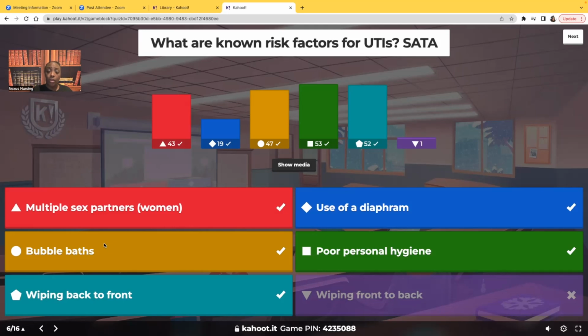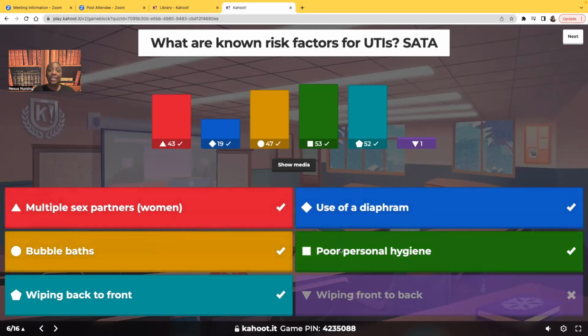Your vagina. So that definitely increases the risk of UTIs. And besides that, with bubble baths, you have soap. And as you know, soap for the vaginal area gets rid of the normal flora, the good bacteria that keeps yeast and other things from growing. So that absolutely increases your risk for UTIs.